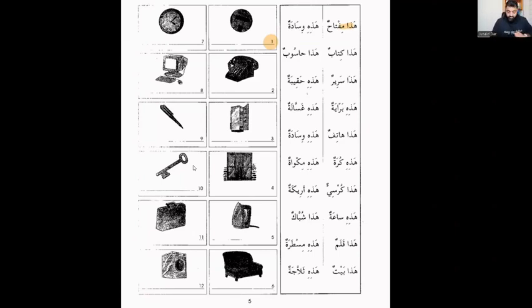What I want you to do is look at this box that I've highlighted in orange and then find the relevant Arabic sentence. Which sentence matches that box? Good.